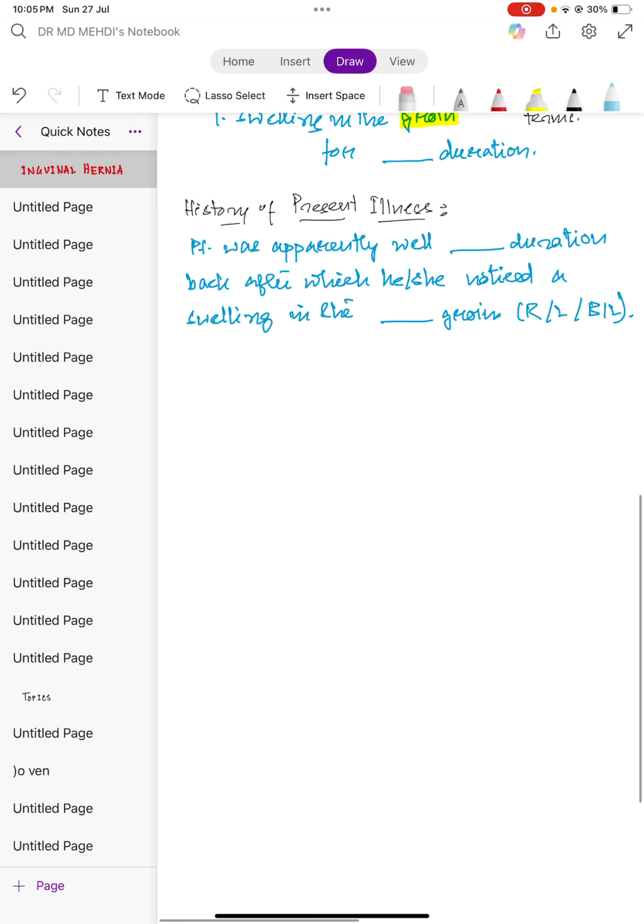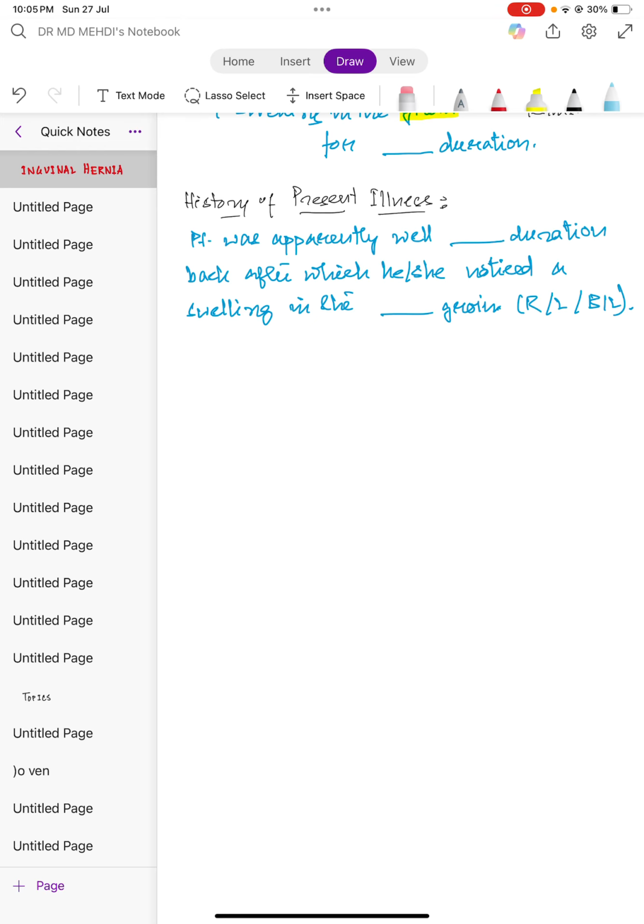Now certain things about the hernia you have to mention. First we have talked about the duration. Secondly you have to talk about the onset, whether it was sudden onset or it was gradual or insidious in onset.